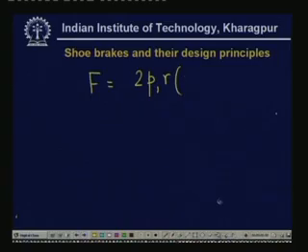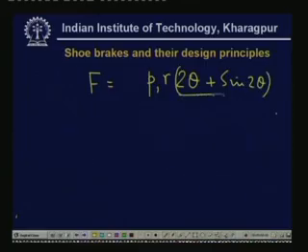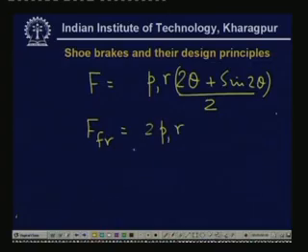So, not twice, twice theta plus sine 2 theta divided by 2, and F, the friction force, is equal to twice P1 R mu times sine theta.